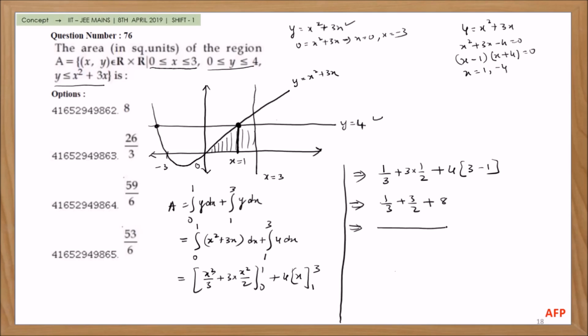Take the LCM, 6: here 2 you will get, here 9 you will get, and 48 you will get. So this implies 59 by 6 square units is the answer. So option 3 it follows.